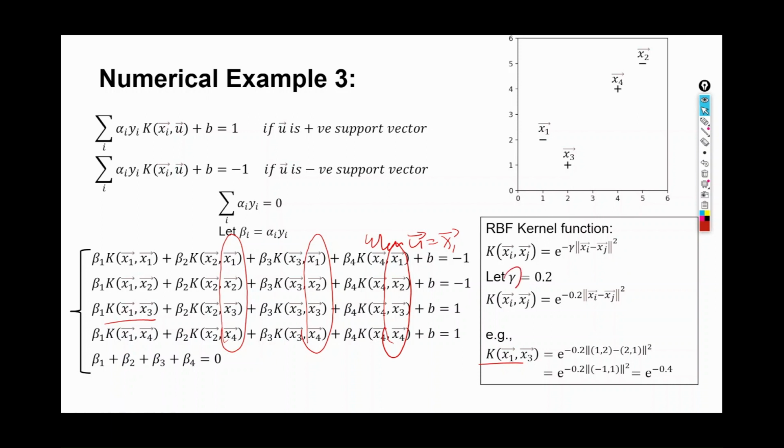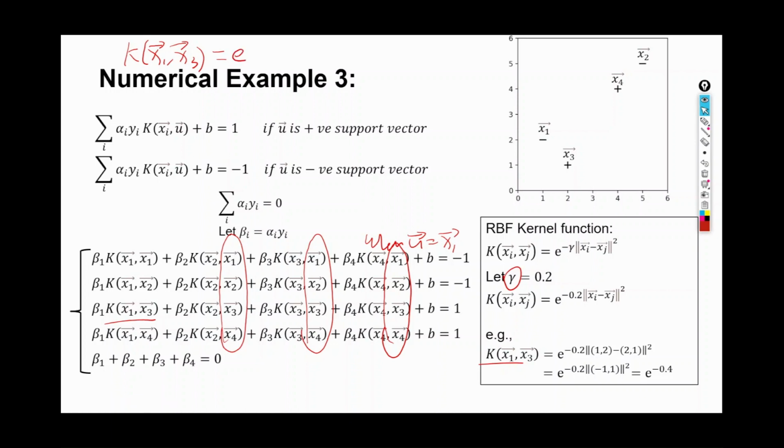Then to calculate K(x1, x3), these are vectors. Now it's in two-dimensional space, we cannot just ignore the arrows on top of the x. It's no longer a scalar, it's a vector. We need to be very careful when handling vectors.